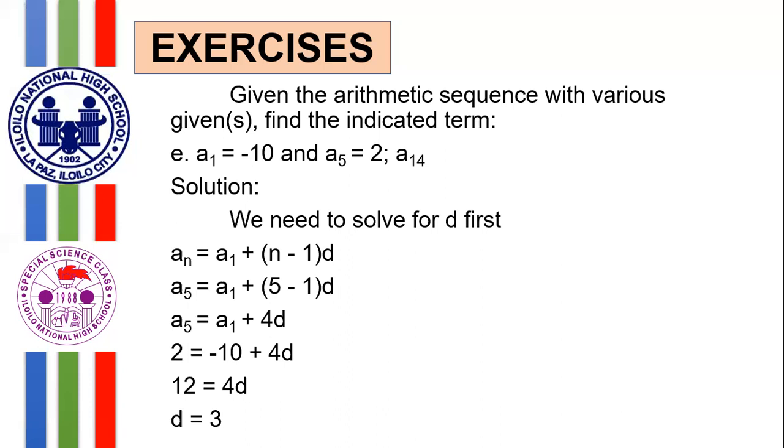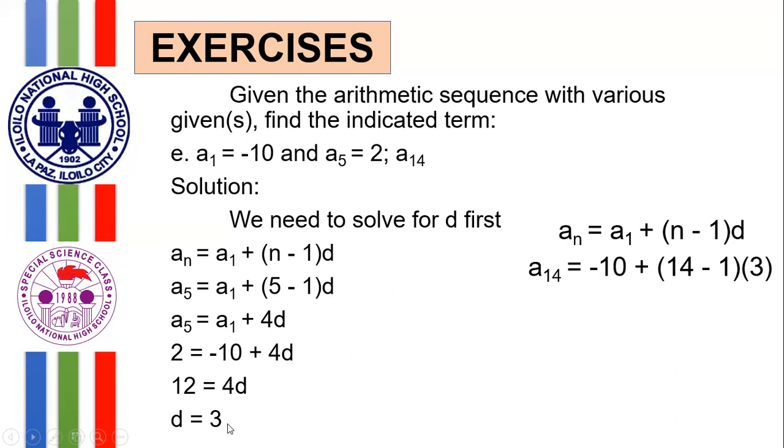Since we now have your D, or common difference, which is 3, we may now solve for the value of the 14th term, using again the explicit formula. Our n will be substituted by 14, our a sub 1 will be negative 10, and our d will be 3.